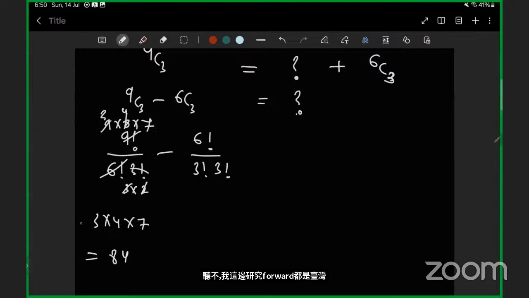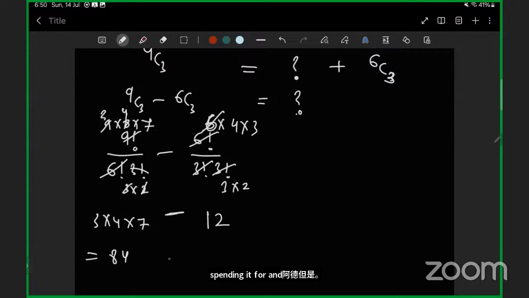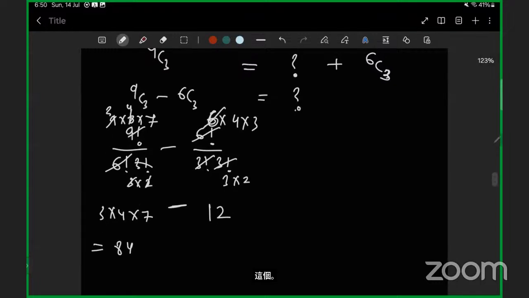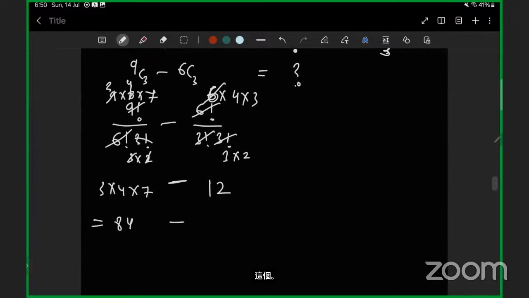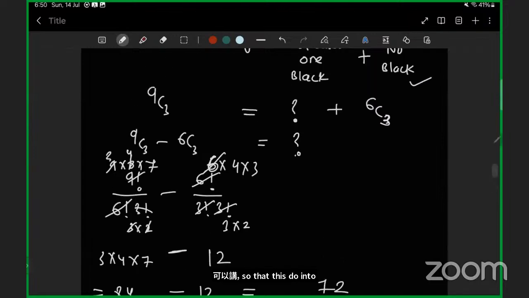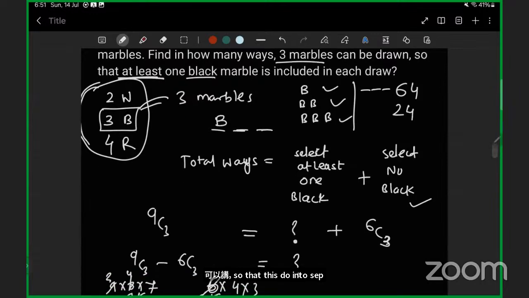This is going to be 84. And on the other side, the remaining is 6 into 5 into 4, and 3 factorial is 6, so that is 3 into 2. So this is 20.